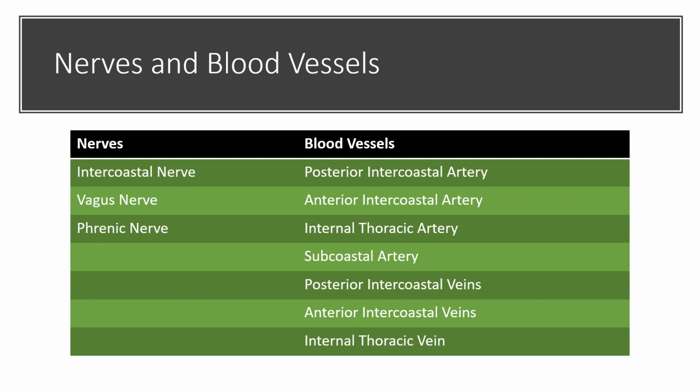Then you have your anterior intercostal arteries, which are paired intercostal arteries that supply the anterior aspect of the intercostal spaces. The posterior intercostal arteries are arteries that supply blood to the intercostal spaces in the posterior aspect. And there are 11 posterior intercostal arteries on each side.